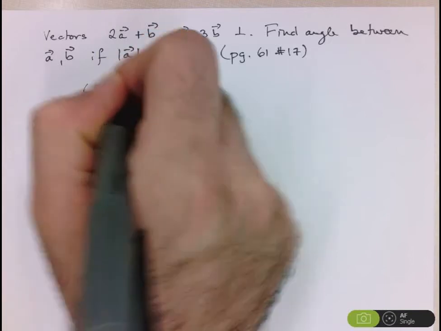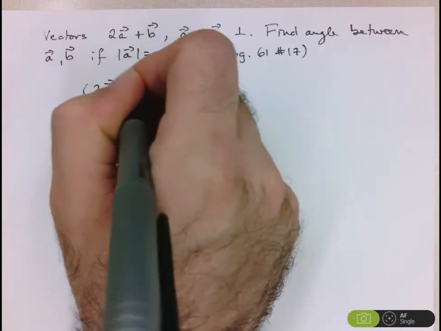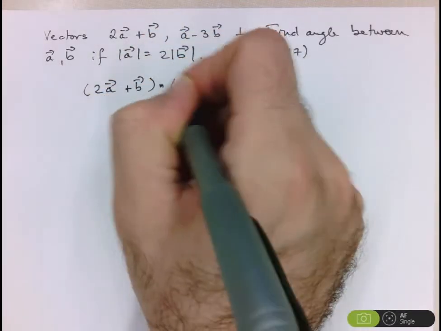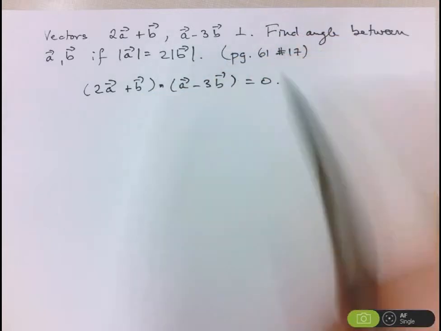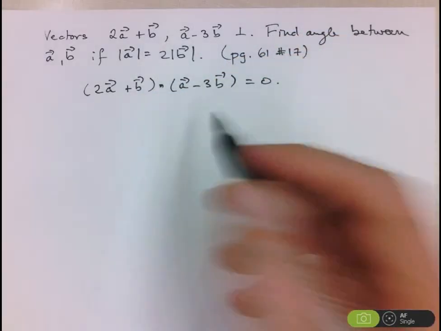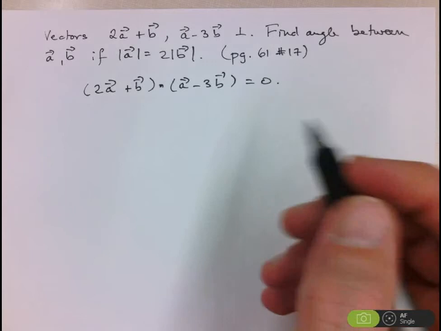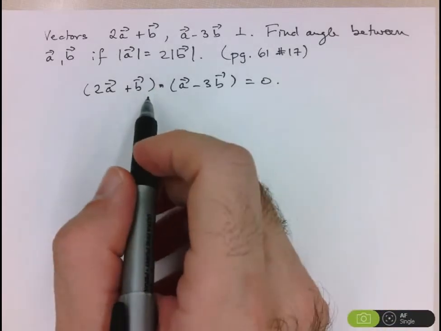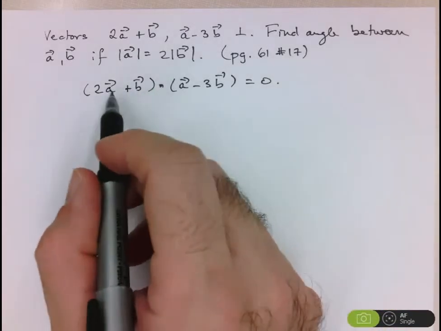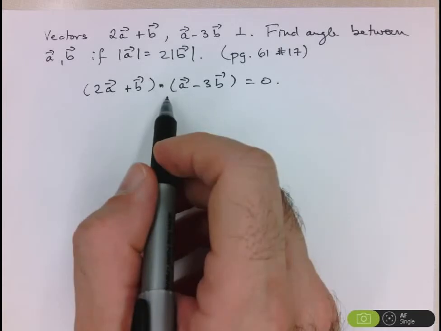So I've got 2a plus b, dotted with a minus 3b, has to be equal to 0. So I've got this equation, so let me see if I can simplify it. That's always the first step. Because of the distributive property of the dot product, I can distribute this similar to the way I would do a product of binomials.